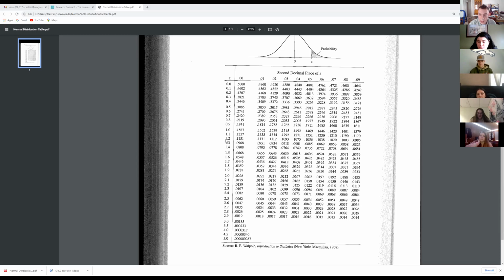In this case, the closest one to 0.10 is 0.1003, and we look over and say, okay, that lines up with 1.28. So the answer for that one is the z-score of 1.28.